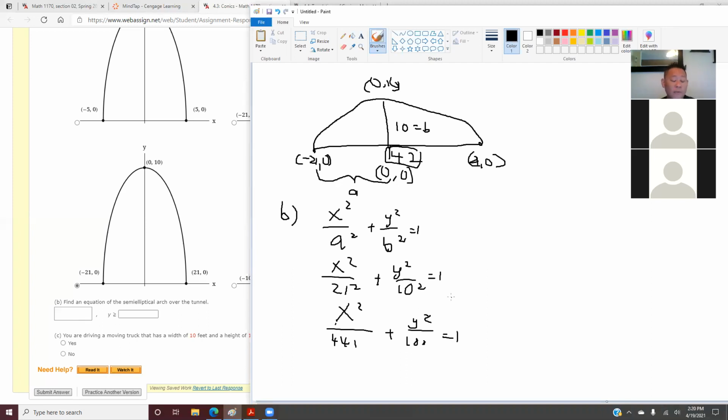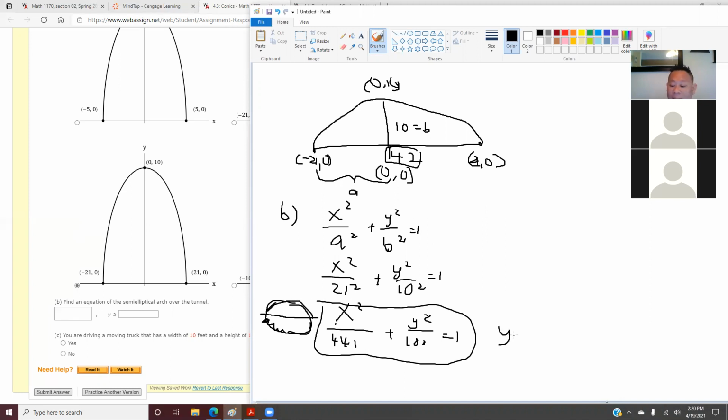Now, some of you write your answer like this, and they will take it. Yes, you can do it. But the only thing you need to watch out for is that if you do this, you are talking about the whole ellipse, but we are only talking about half, and we need the positive side. We just need this positive side.